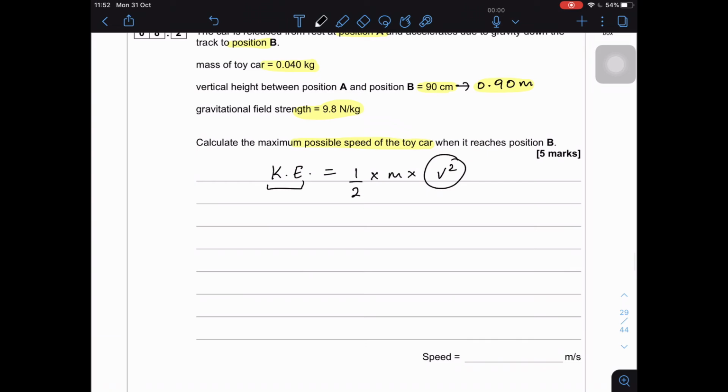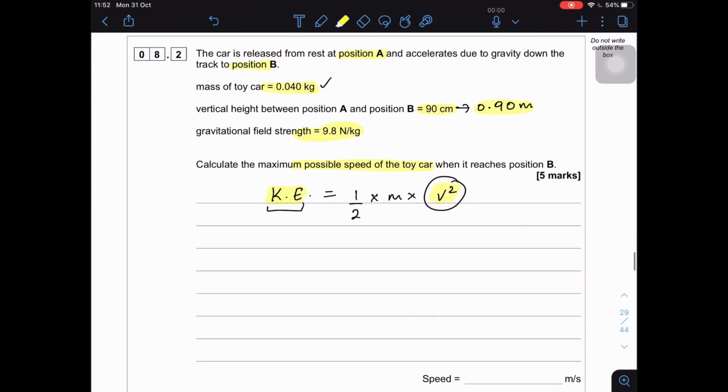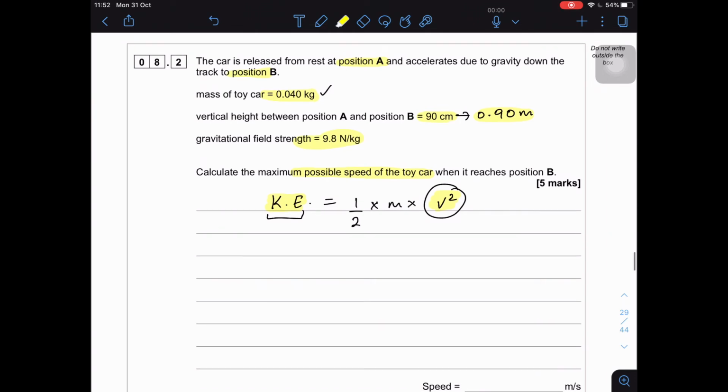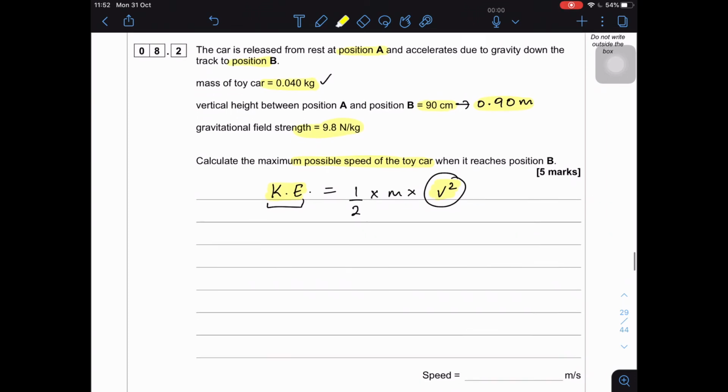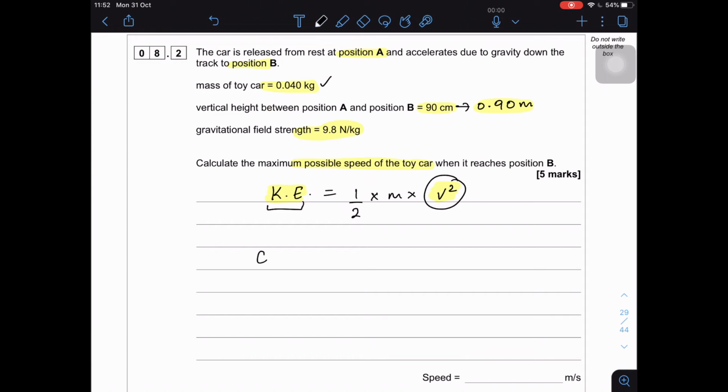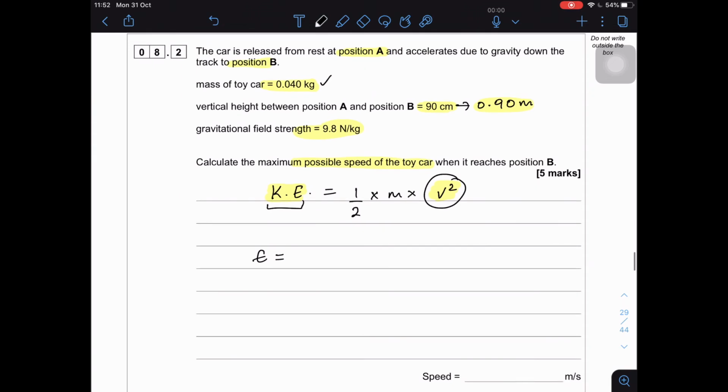But we don't have the kinetic energy. We have the mass, but we don't know v, and we don't know the energy. So first of all, we need to find out what the kinetic energy is, and we can easily find the energy because all the values are given.